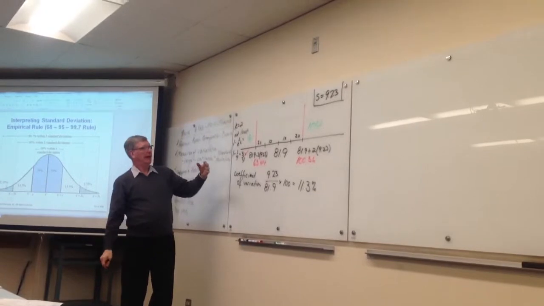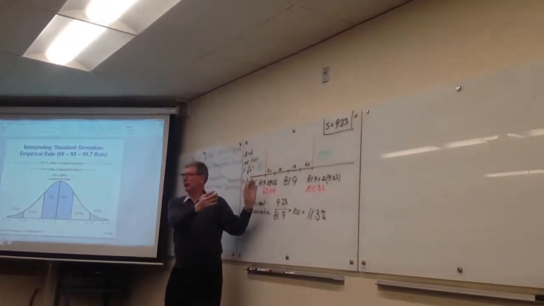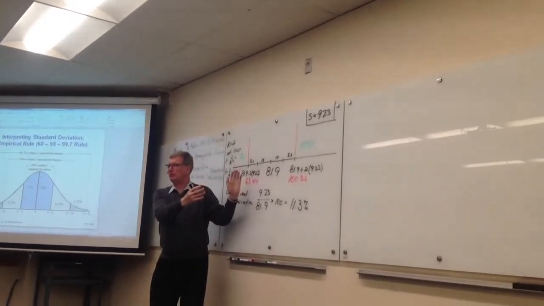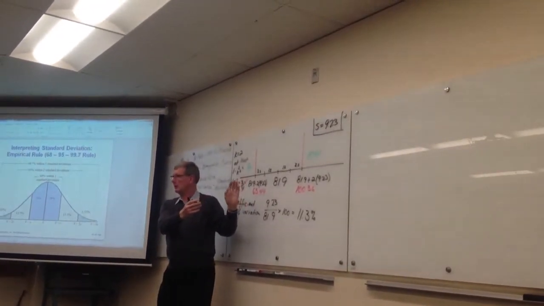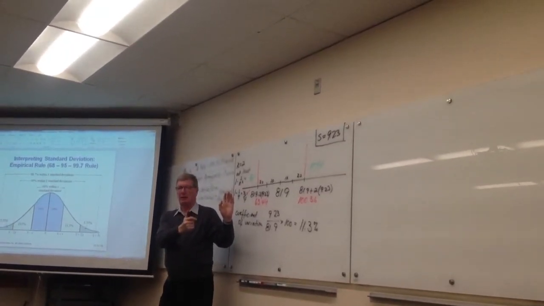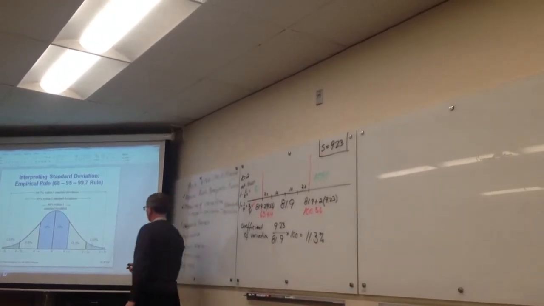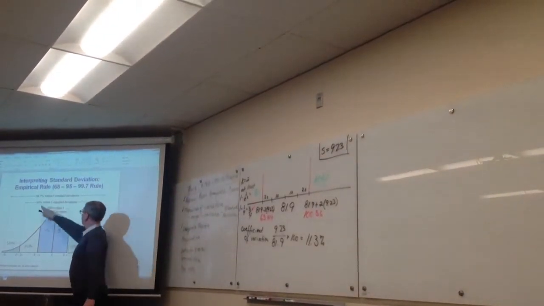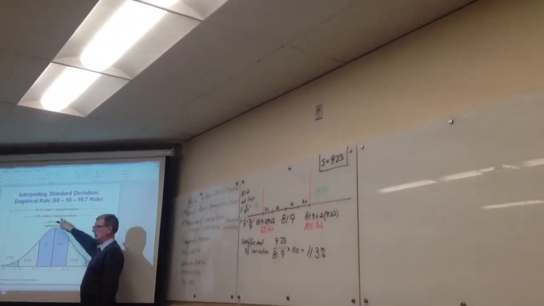Well, I've got 28 out of 30 pieces in that interval, don't I? What percentage is 28 out of 30? Somebody tell me. 93. How much? 93. So it's not perfect, but it's pretty good, isn't it?